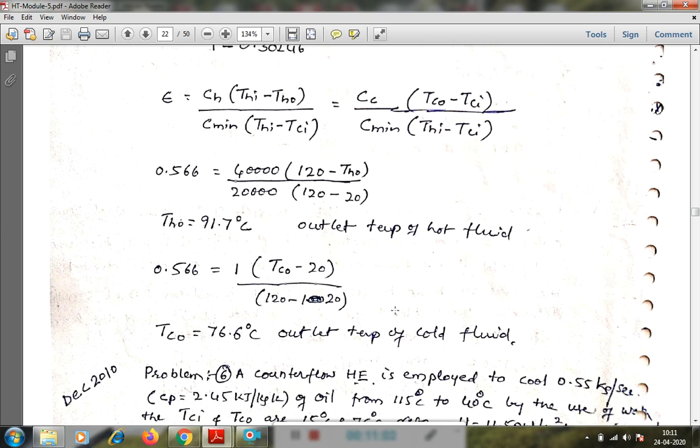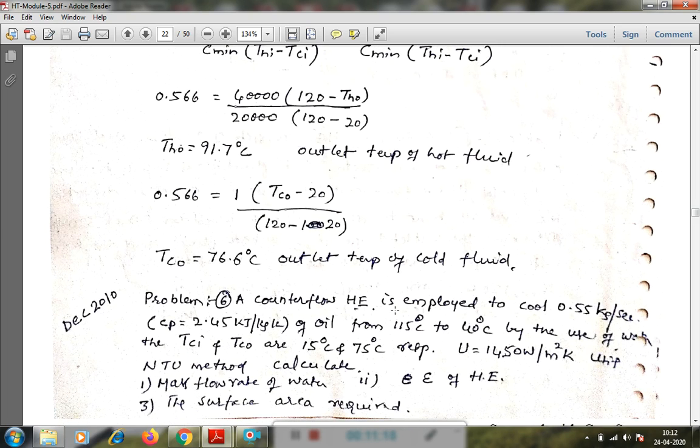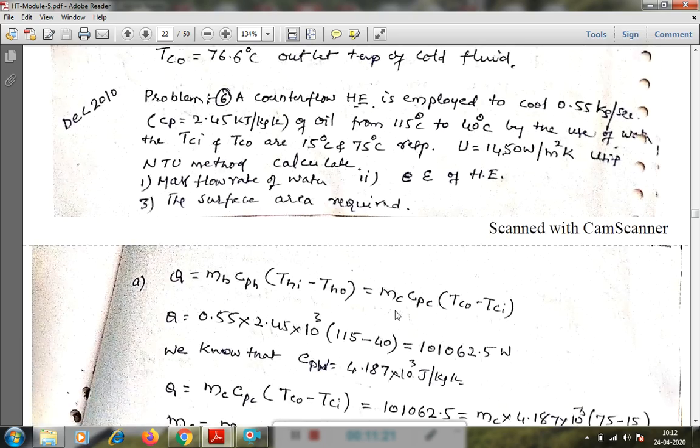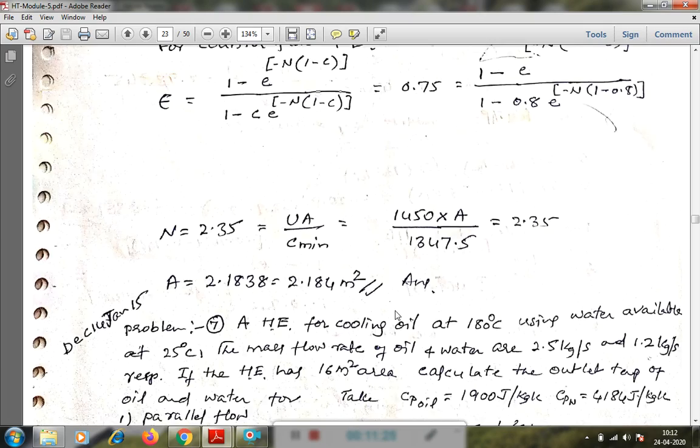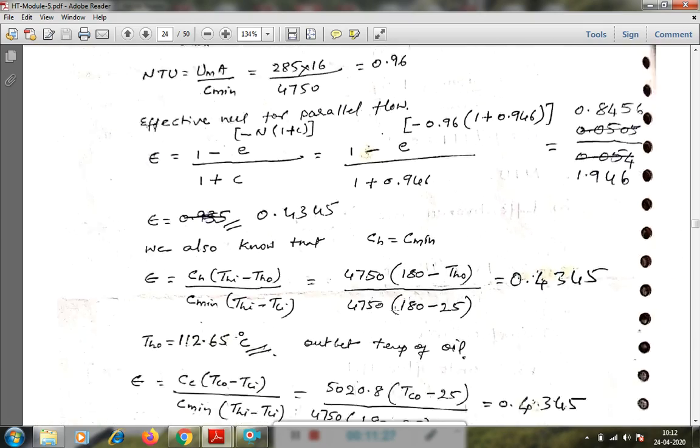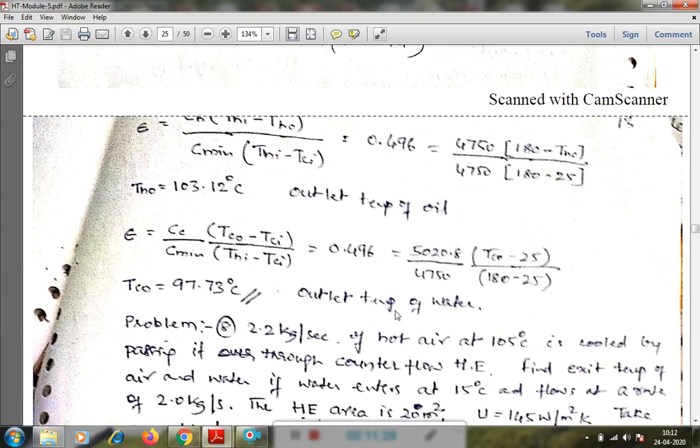There are a few numericals on the mixed flow heat exchanger that I am going to discuss. Here we have to use the cross flow heat exchanger. In cross flow heat exchangers, we use the counter flow heat exchanger LMTD only, and from that we have to take the correction factor.